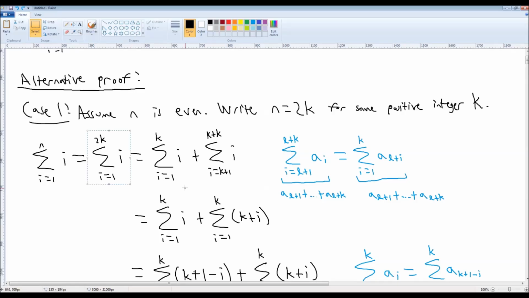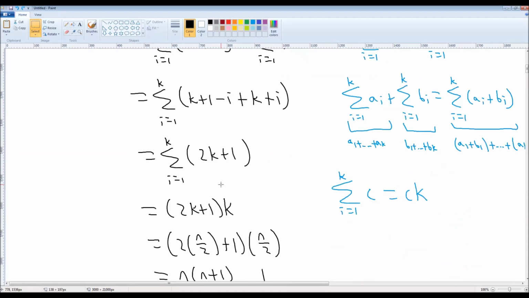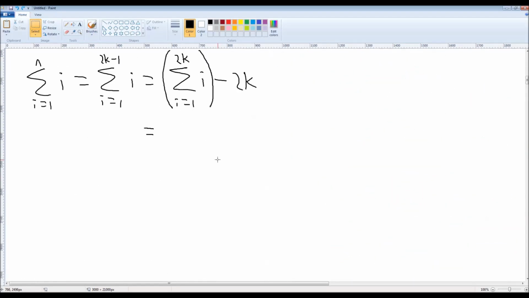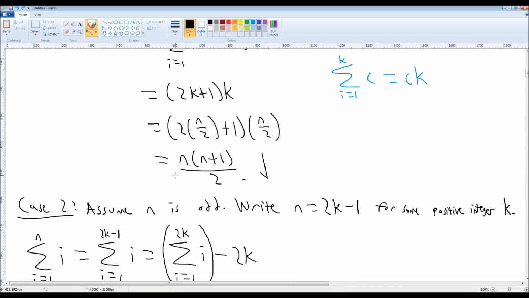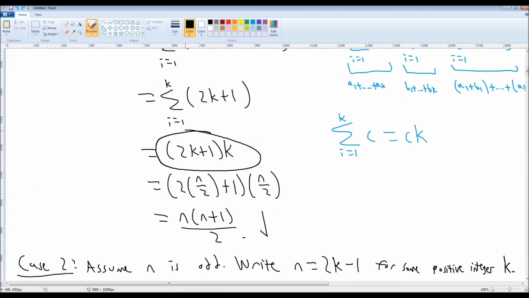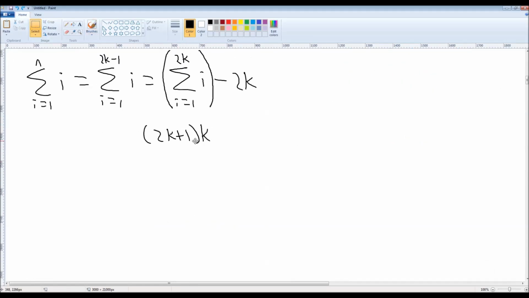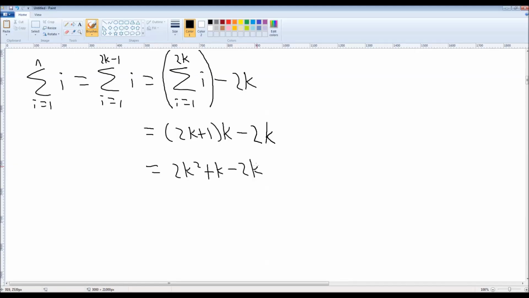It only depends on k, and it doesn't even matter if k is even or odd. So that means we can rewrite this part as, what was it? This guy, I'll copy and paste that. 2k plus 1 times k for that sum, and then minus 2k. Now simplify this. We get 2k squared plus k minus 2k.